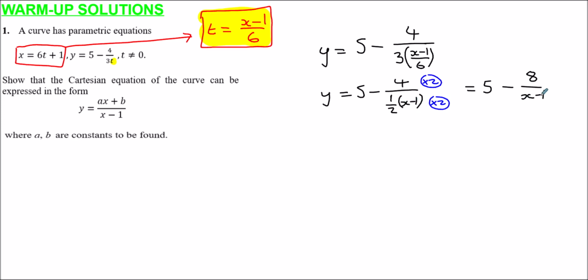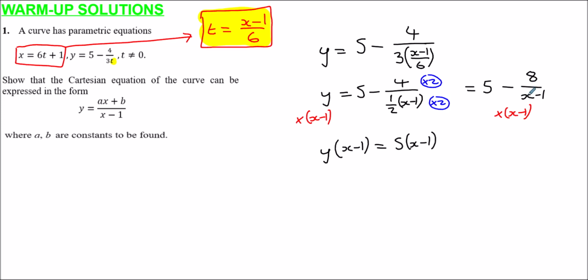minus 1. Now what we can do to both sides is multiply through by x minus 1, so we can get it into this form where y is the subject. So if we multiply through both sides by x minus 1, we next have that y, brackets x minus 1, equals 5 lots of x minus 1, and then this fraction multiplied by x minus 1.